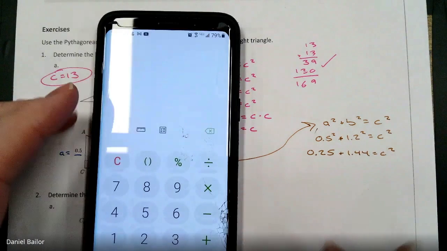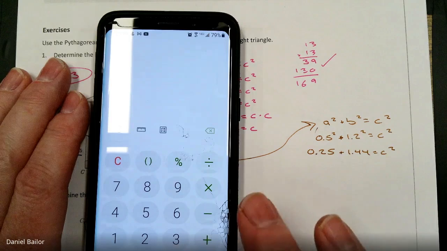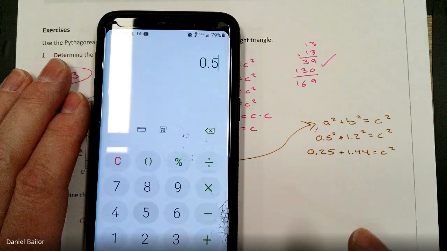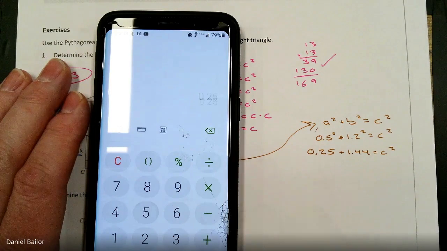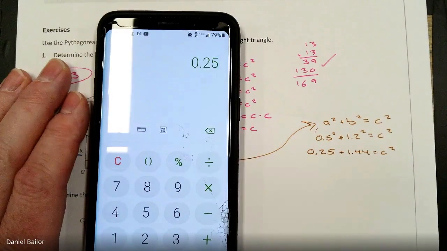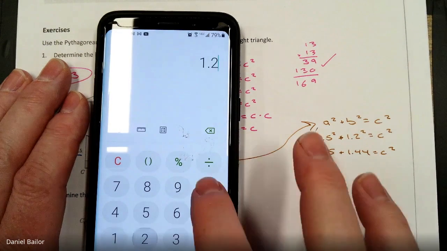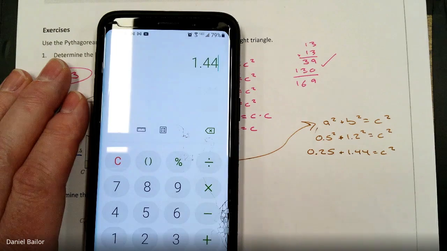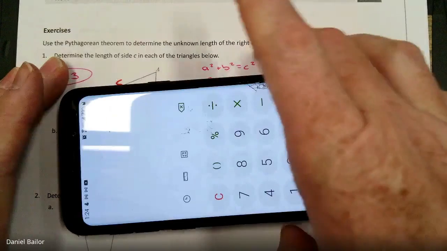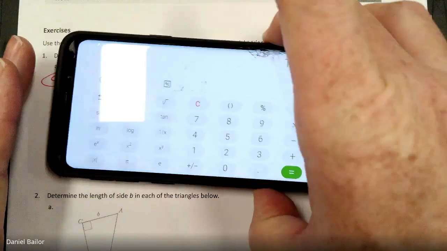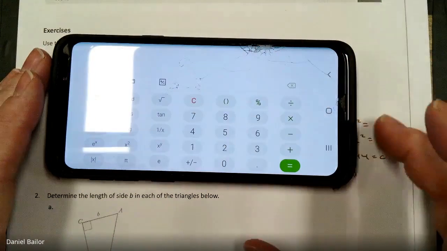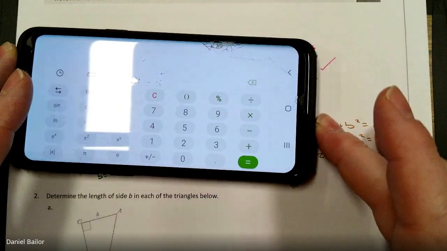Here's my calculator. We do 0.5 times 0.5, 0.25. We do 1.2 times 1.2, and we get 1.44. If you actually have a scientific calculator, or if I turn my calculator sideways, I get a scientific calculator. There actually is a square button.